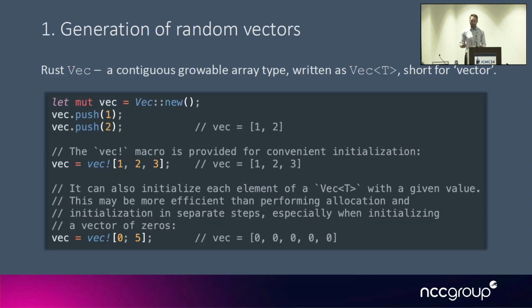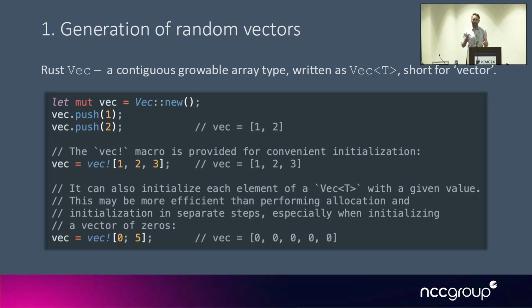The first topic that I want to talk about today is the generation of random vectors. As we have discussed before, Rust is a memory-safe language, so when you create an array, you don't necessarily instantiate an array of a given size using malloc and then populate it with whatever. With Rust, you have access to vectors.